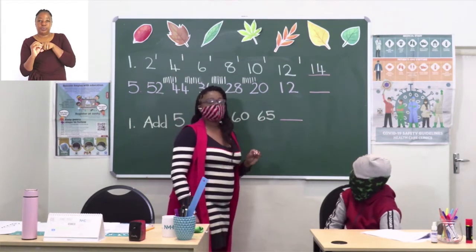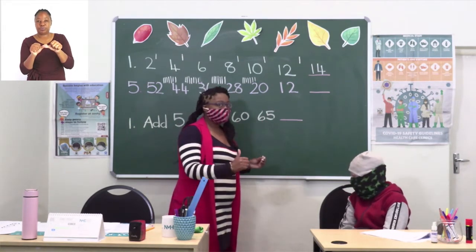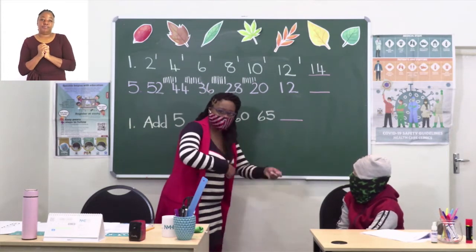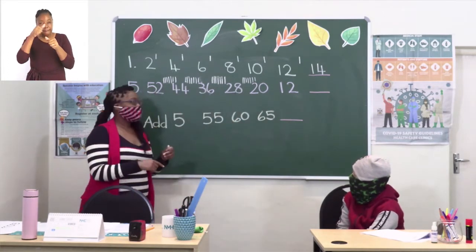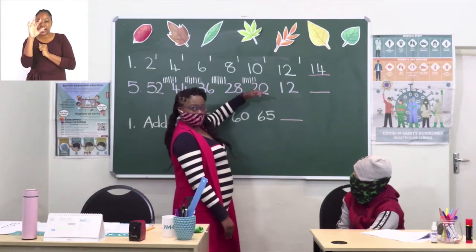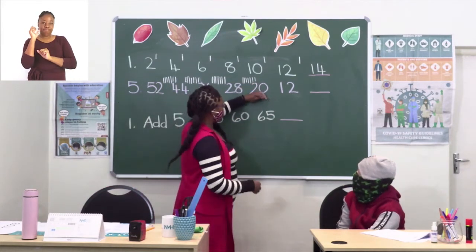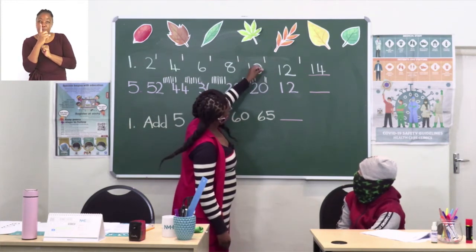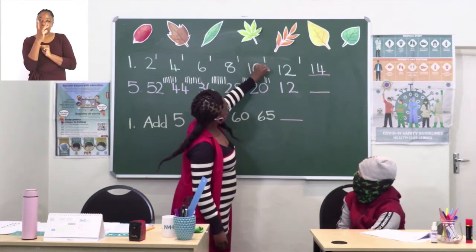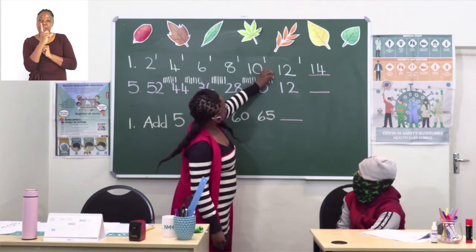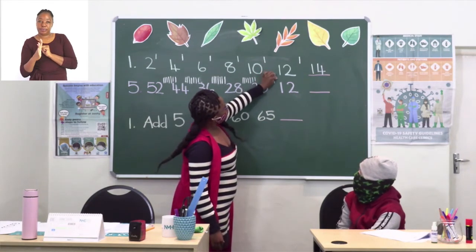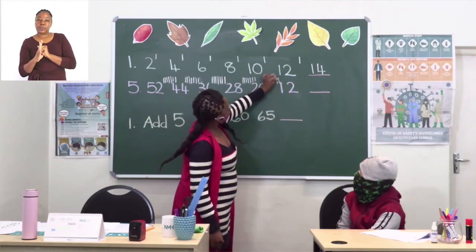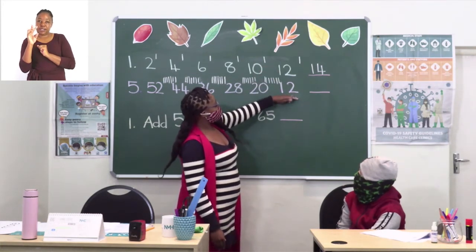Let us continue. Remember, we are counting backwards. It's important because you might find yourself going forward. So let's start from 20. 20, 19, 18, 17, 16, 15, 14, 13, 12.